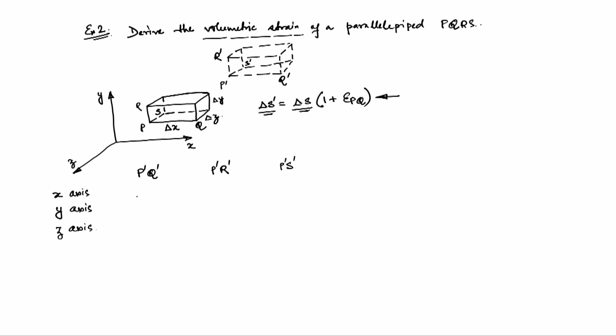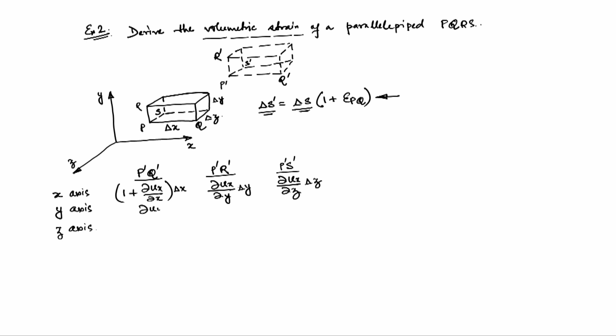So, along x axis we have the elongation 1 plus differential of u x with respect to x times delta x. So, for P prime R prime, we have u x differentiated with respect to y times delta y. Then for P prime S prime, it is u x differentiated with respect to z times delta z.